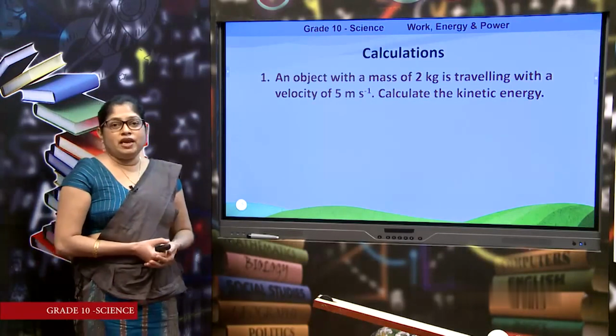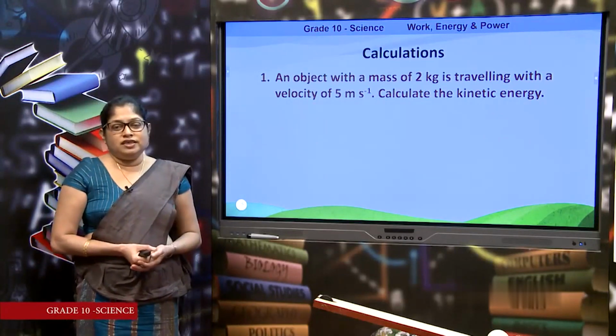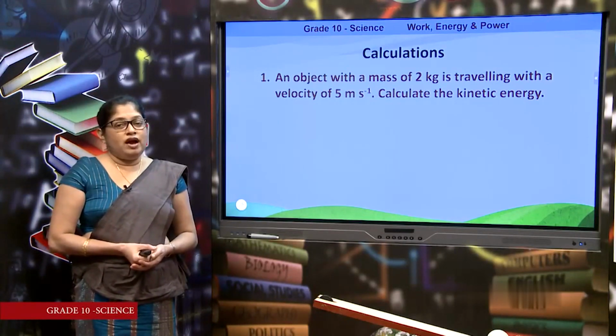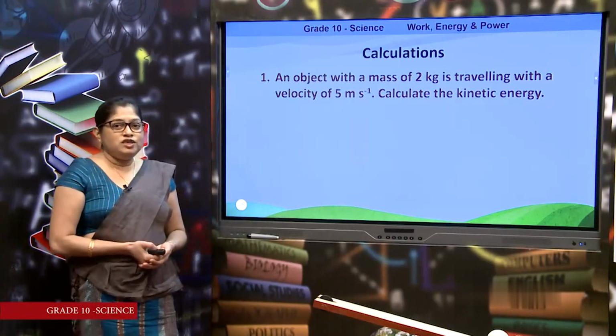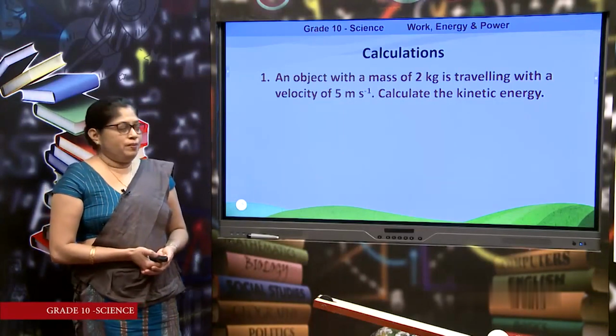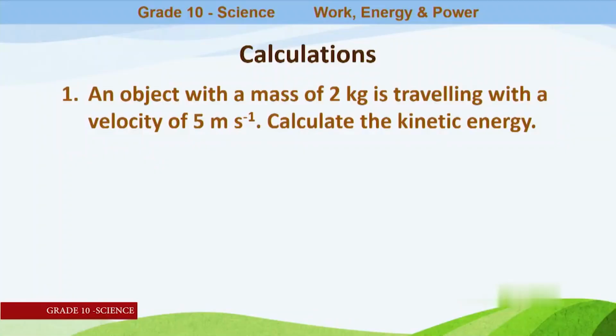Now, let us do some calculations on kinetic energy, so that you will understand the concept of kinetic energy very well. Try to do these calculations with me. First one: an object with a mass of 2 kg is travelling with a velocity of 5 meters per second. You are asked to calculate the kinetic energy.